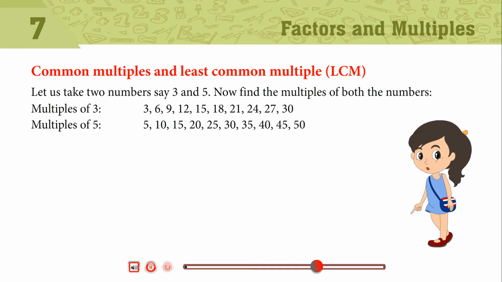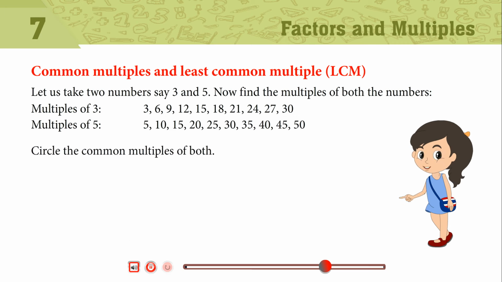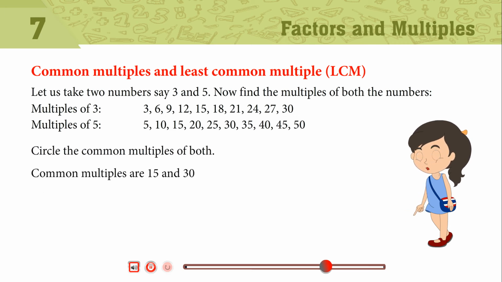Multiples of 3: 3, 6, 9, 12, 15, 18, 21, 24, 27, 30. Multiples of 5: 5, 10, 15, 20, 25, 30, 35, 40, 45, 50. Circle the common multiples of both. Common multiples are 15 and 30.